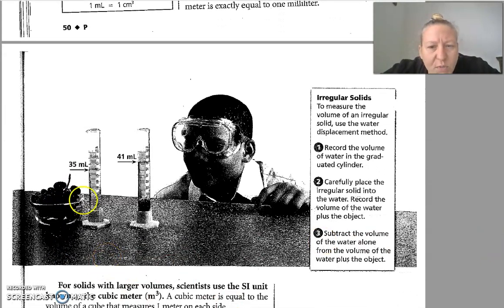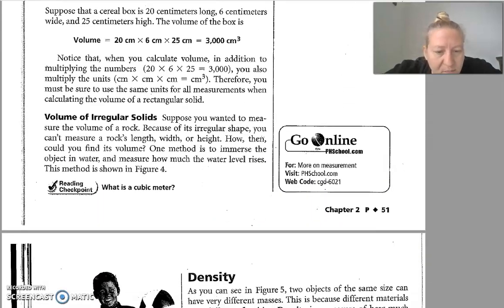First, you take a graduated cylinder. You record the volume. So this time it's 35 milliliters. You carefully put the irregular solid in because it can break the graduated cylinder because it's usually glass. Then you look and see, oh, the water increased to 41 milliliters. Then you're going to subtract 35 milliliters from 41 milliliters, and you're going to get the volume is 6 milliliters. Okay, that's how we calculate the volume.